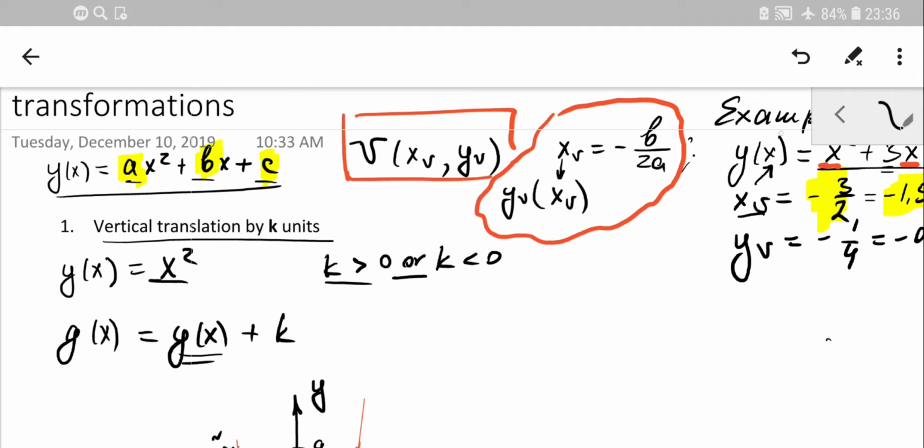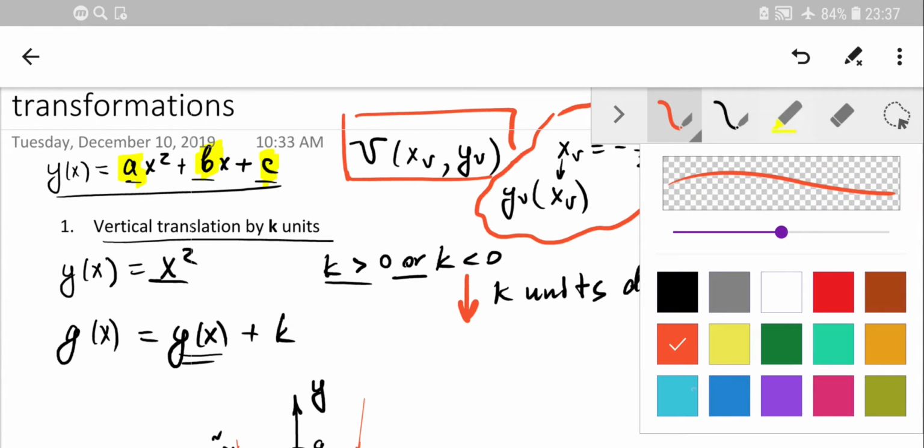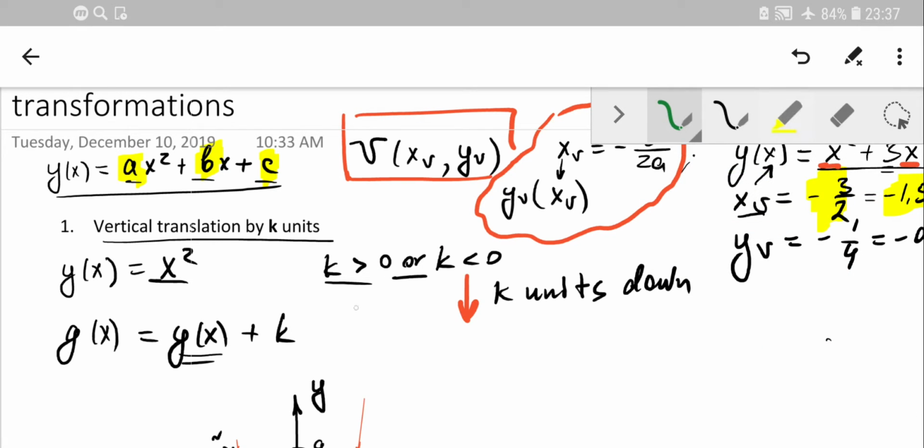So I simply put what actually happens with the graph. So k units down, in this case of course, -3 means 3 units down. And here in this case, it goes up by the same k units. Okay, that's how it works.